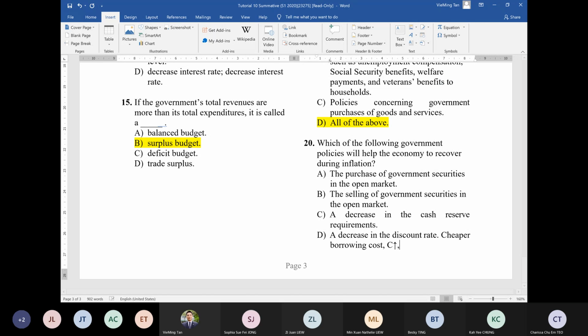At the same time, the private firms would also like to invest or extend their business, because now it's cheaper to borrow money from the bank. If that's the case, this will increase the I also. When I increases, this will generate more business activities and increase the AD. In short, if C and I increase, the AD will increase.